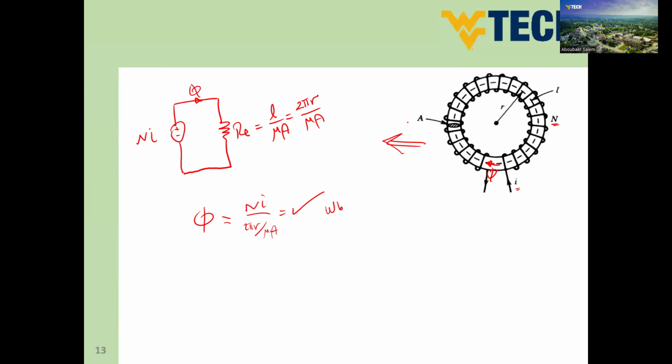This is how we can convert a magnetic circuit into an electrical circuit. This is a very simple magnetic circuit. You may have some complicated circuits, and we will discuss some of them in our next session. But this is how we can make an equivalent circuit.